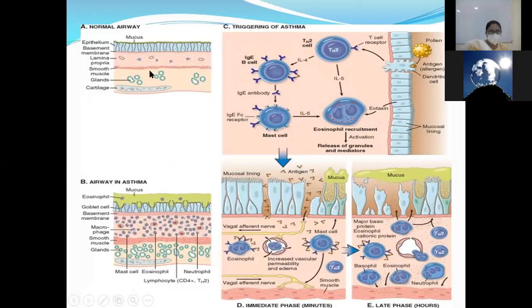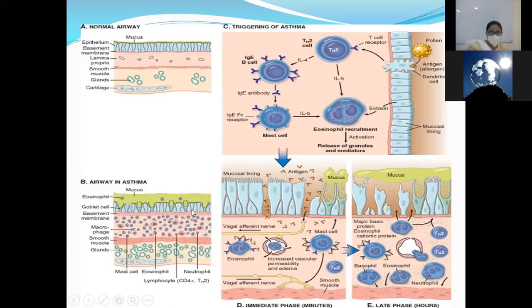You can compare this picture with this picture, which is seen in an asthmatic patient. In an asthmatic patient, in simple words, everything increases. You can appreciate that there is an increased mucus layer. Compare this with this: this yellow is the increased mucus layer.